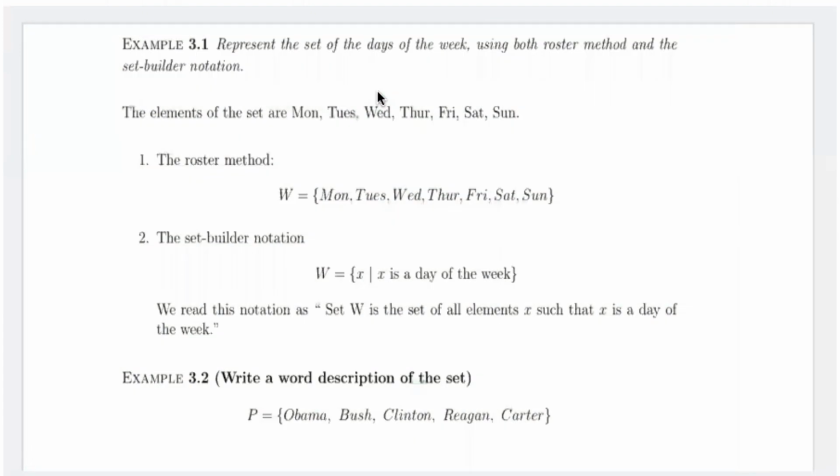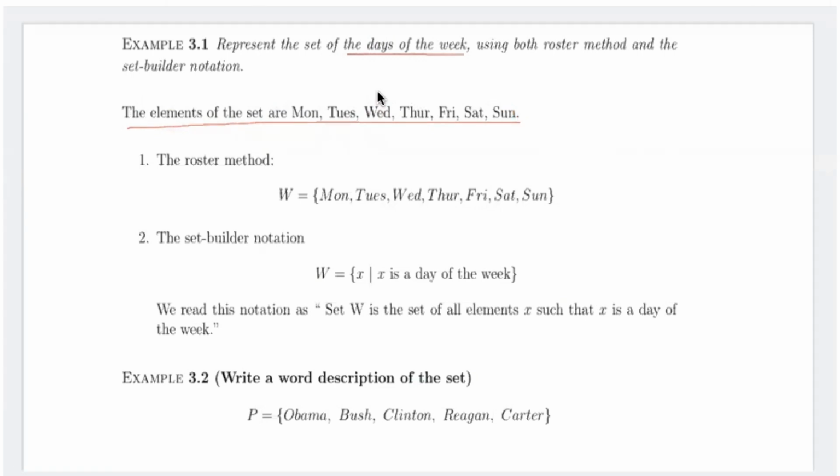So example 1, represent the set of days of the week. Use roster method and set builder notation. So first, we write this in words. So this is the word description. The elements of the set are Monday, Tuesday, Wednesday, Thursday, Friday, Saturday, and Sunday.